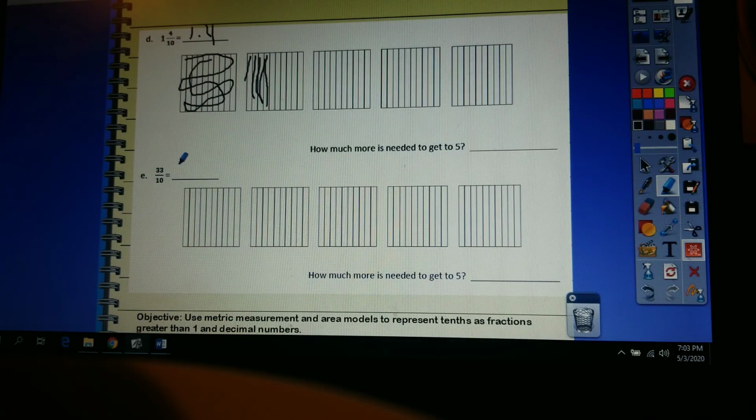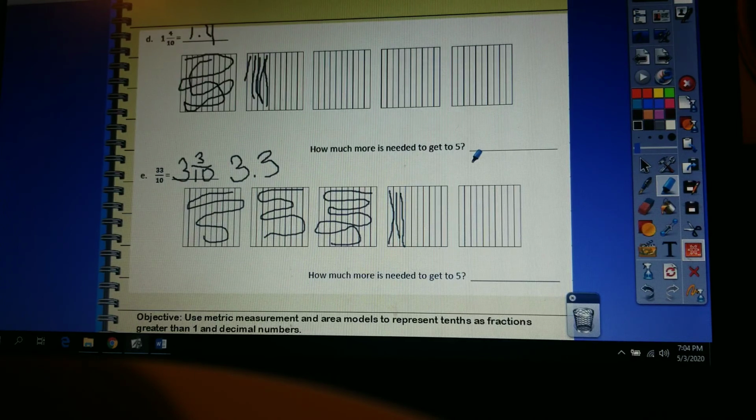That's equivalent to 3 and 3/10, right? 3 and 3/10, which would also be written as 3 decimal point 3, right? So we would need 1, 2, 3, and 1, 2, 3/10.